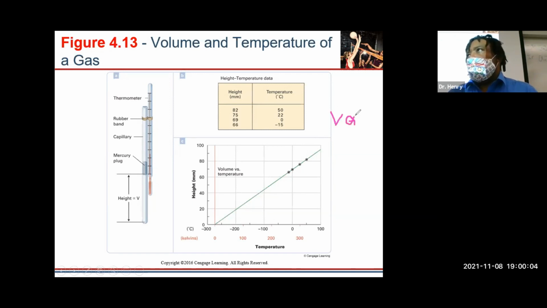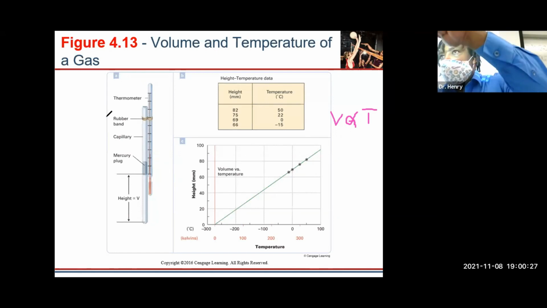So, we're going to say volume is directly proportional to temperature. If we take a look at a thermometer, you guys pretty much have thermometers at each of your stations. That is showing us that as the temperature goes up, the volume goes up because the volume in the thermometer is increasing as we get hotter temperature, right?